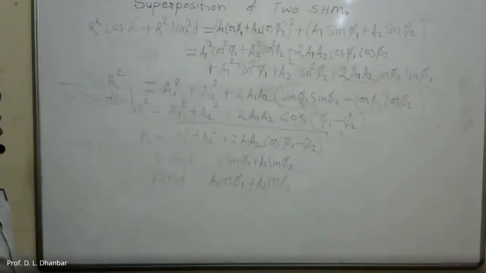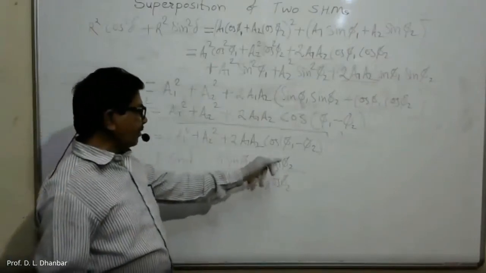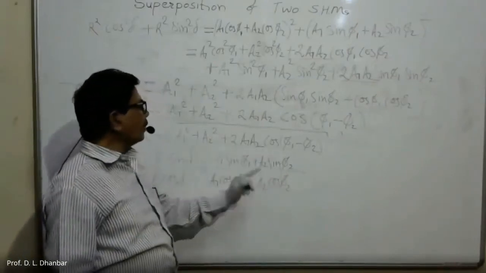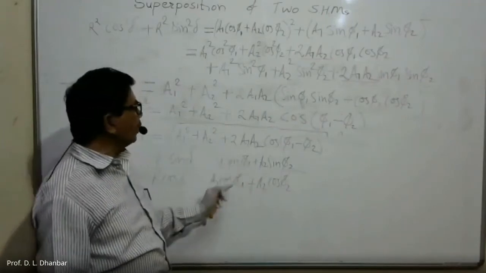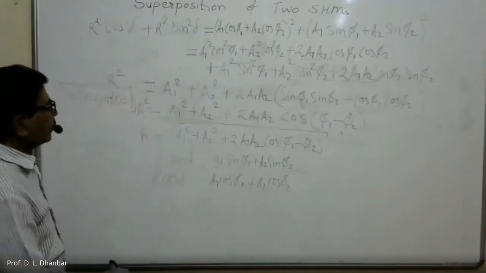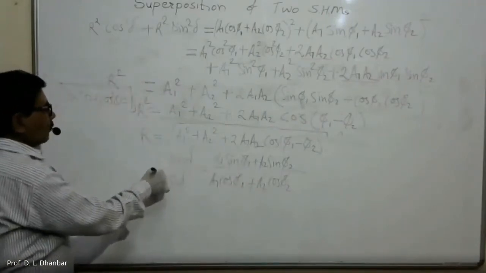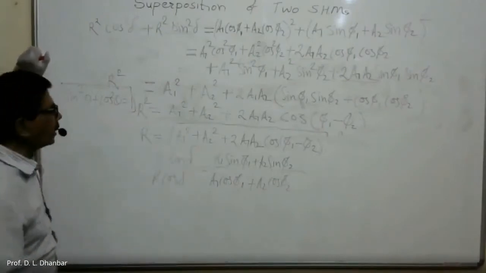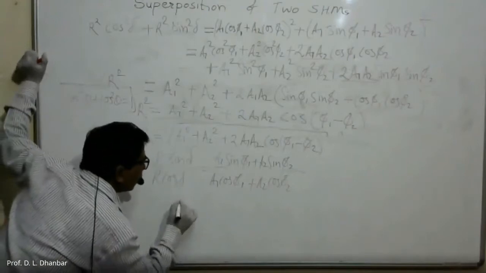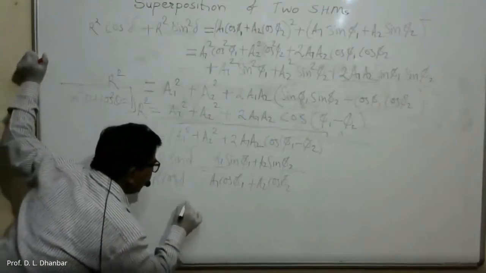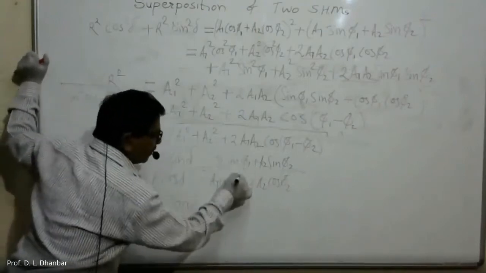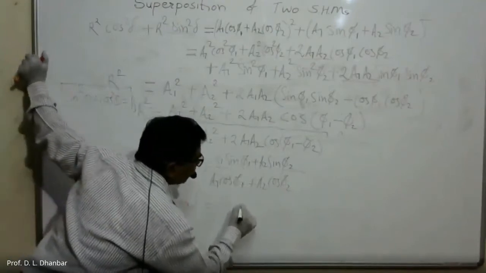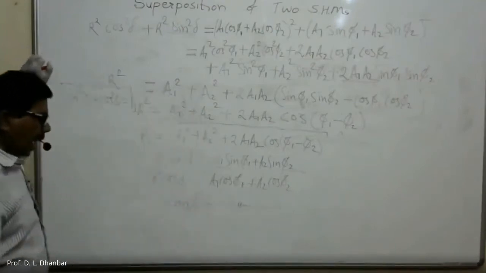You can remember this simply as sin phi 1, sin phi 2, cos phi 1, cos phi 2, and here you write A1, A2, A1, A2. The r will get cancelled. This sin delta upon cos delta is nothing but tan delta, and the remaining term will be as it is.